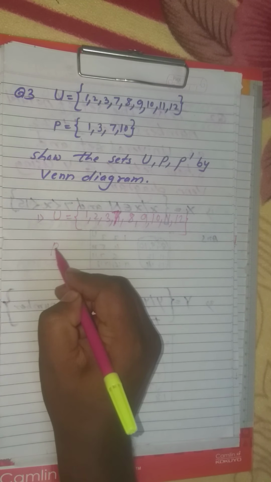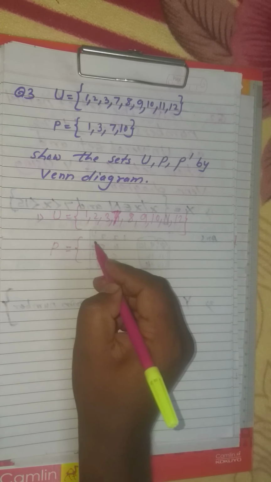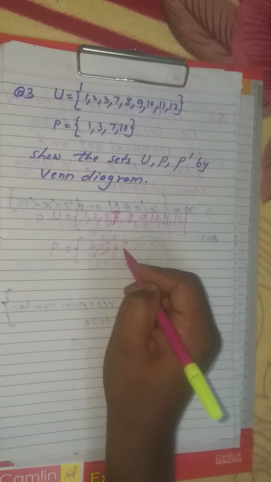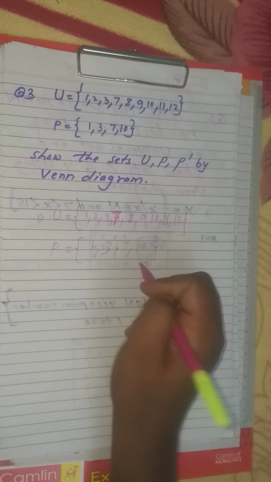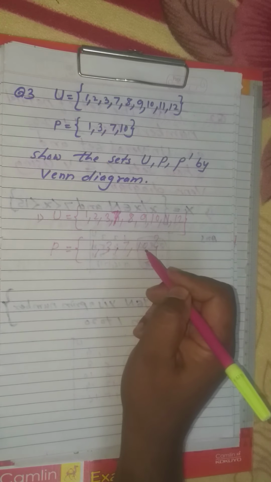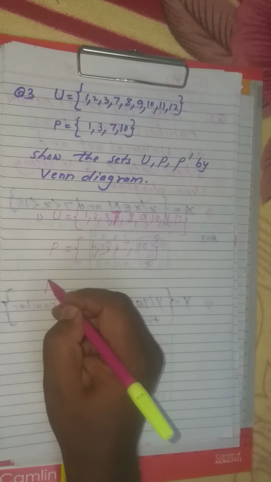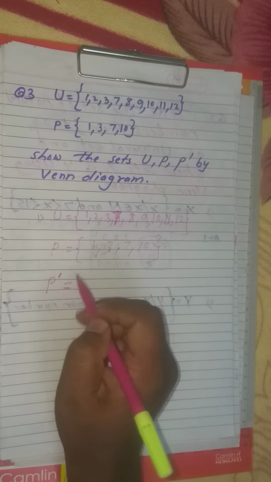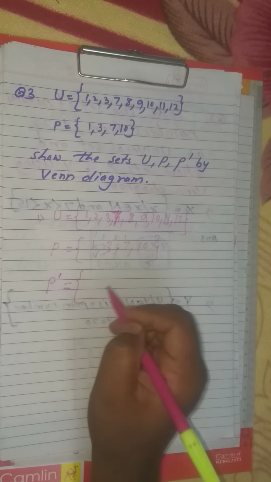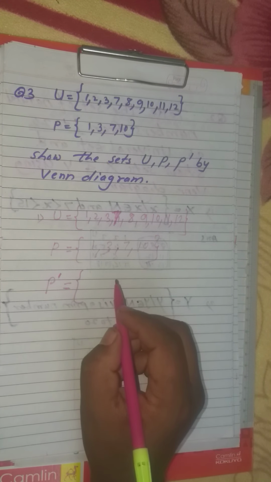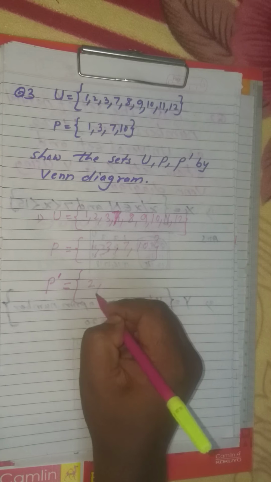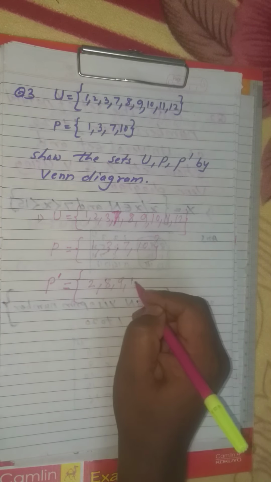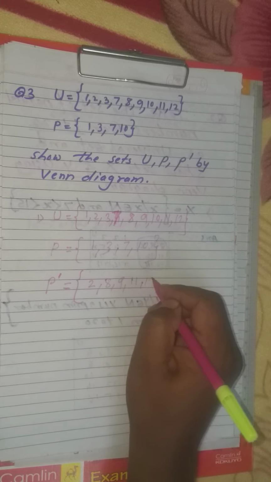Among these, set P is given, and set P contains only 1, 3, 7 and 10. The other elements which remain can be shown as P dash. P dash means the complement of set P, that is the remaining elements 2, 8, 9, 11, 12.